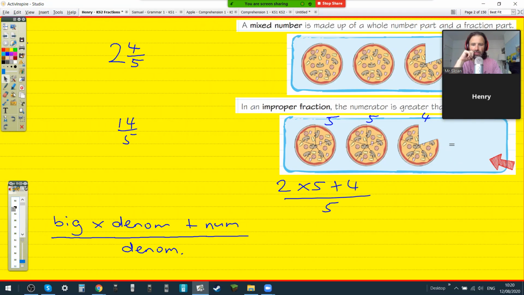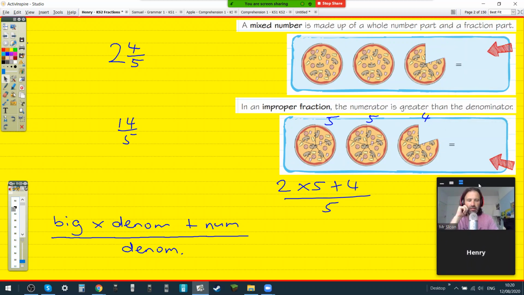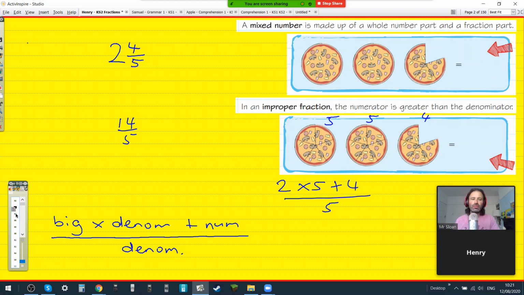Okay, so how do you convert a mixed number into an improper fraction? Can I have an example of a mixed number? Maybe one whole and 1/5 is my mixed number.